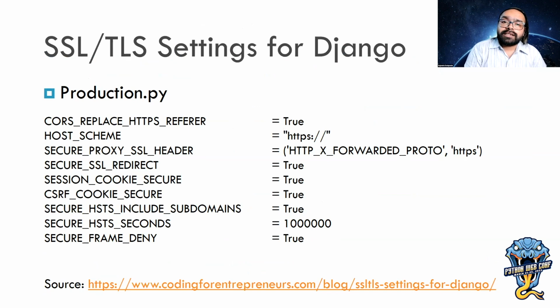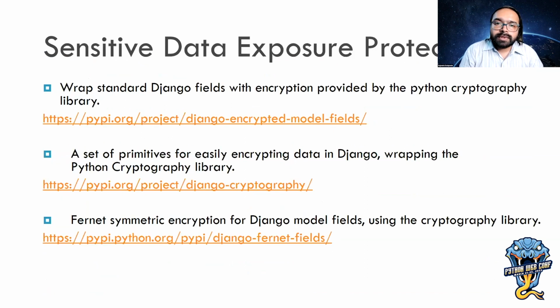These are the SSL or TLS settings. You have to go to production.py and enable these options to true. Then you can use these packages in Django, that is Django encrypted model fields, a Python cryptographic library.